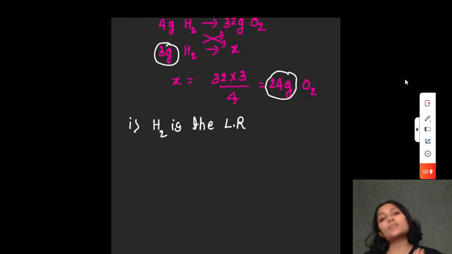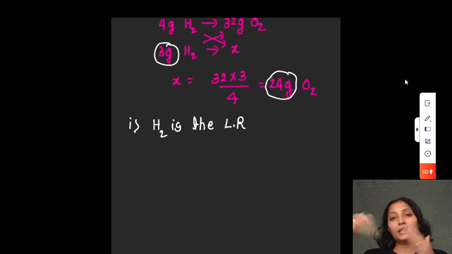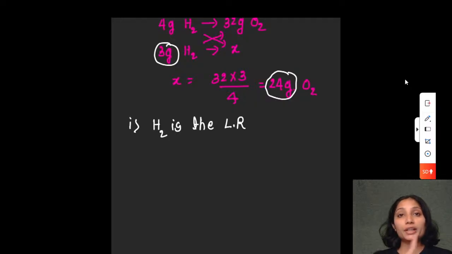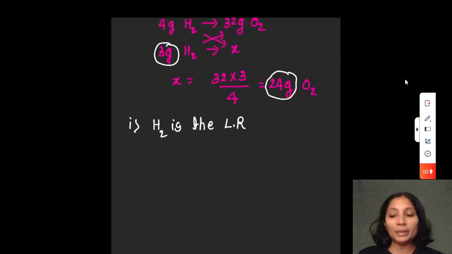It is present in less quantity because oxygen is remaining more. It is remaining extra after the reaction also. When 3 gram of H2 is consumed, it reacts with 24 gram of O2. We are left with 5 gram extra of oxygen. So it is excess reagent. If oxygen is excess reagent, the other one, hydrogen, is limiting reagent.